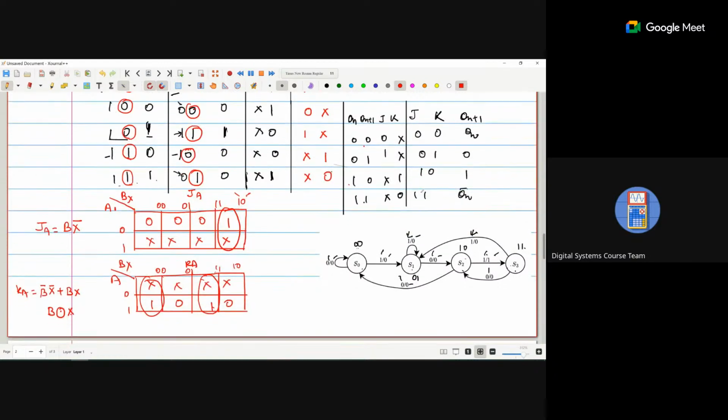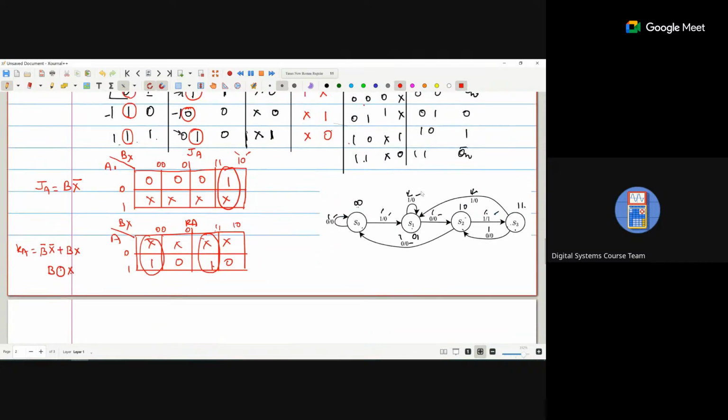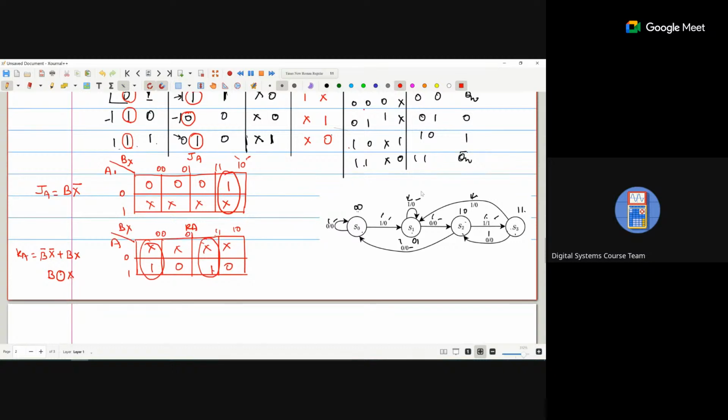At 1 0, when input is 0, it becomes 0 0. When input is 1, it becomes 1 1. And at 1 1, when input is 1, it becomes 0 1. At 1 1, when input is 0, it becomes 1 0, and when input is 1, it becomes 0 1.